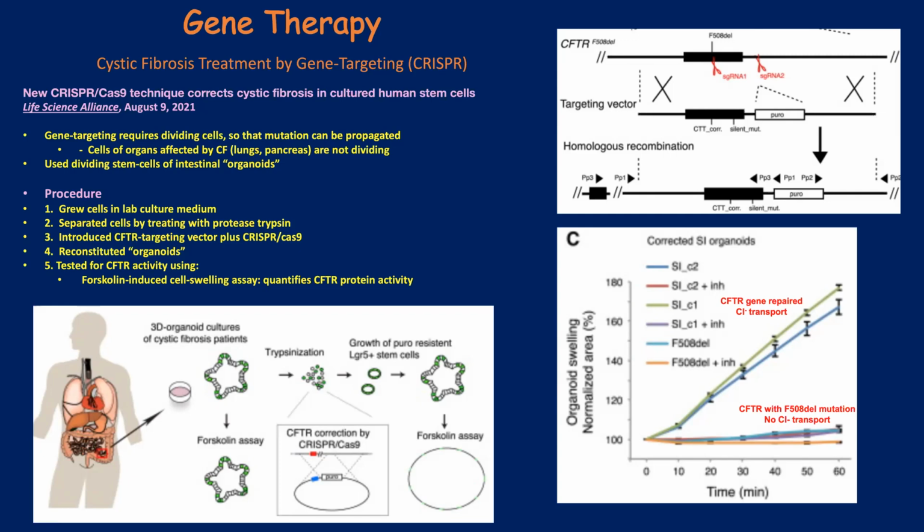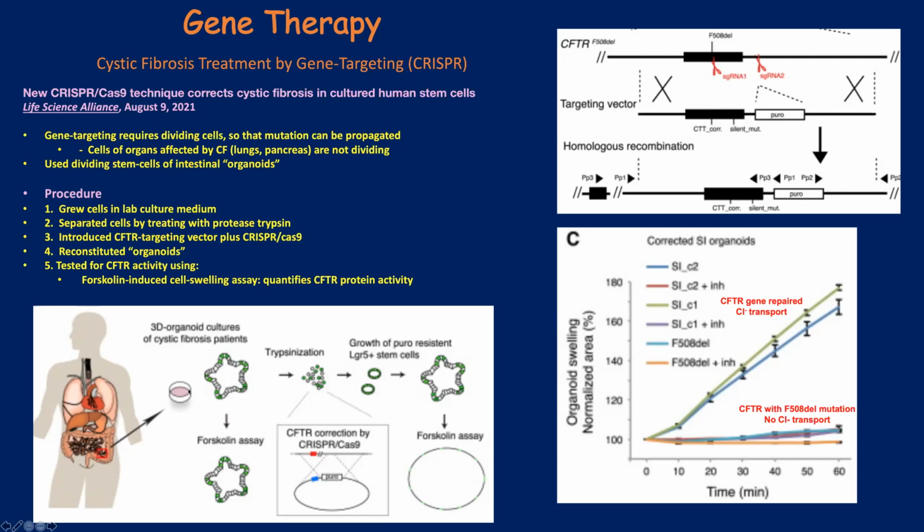And so the people who did this particular experiment used stem cells that they got from the intestine of a patient with cystic fibrosis. Here's the intestine, and these organoid cultures were taken and grown in petri dishes from a cystic fibrosis patient.